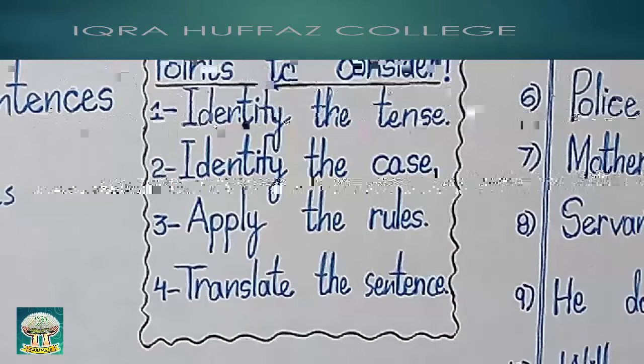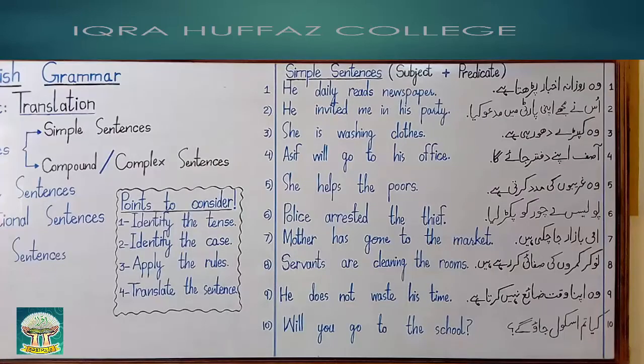You remember I told you in the earlier lecture, in the revision of tenses, that we use the present form of verb in present simple, and in the cases of he, she or it, which means third person singular, we use the S form of the present form, which means we use S or ES with the first form.